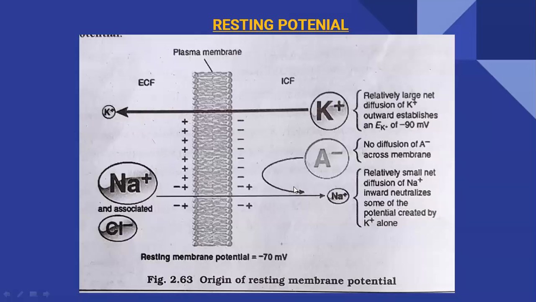Due to this movement of more potassium out of the cell and less sodium inside, actually minus 90 millivolts of potential should be there inside the cell, but because some potassium ions go out of the cell, it comes to minus 70 millivolts. This is called the resting membrane potential. So the resting membrane potential is generated due to the potassium leaky channels.